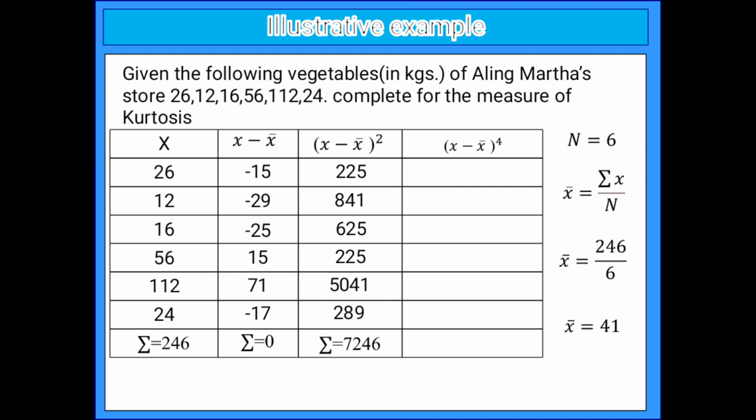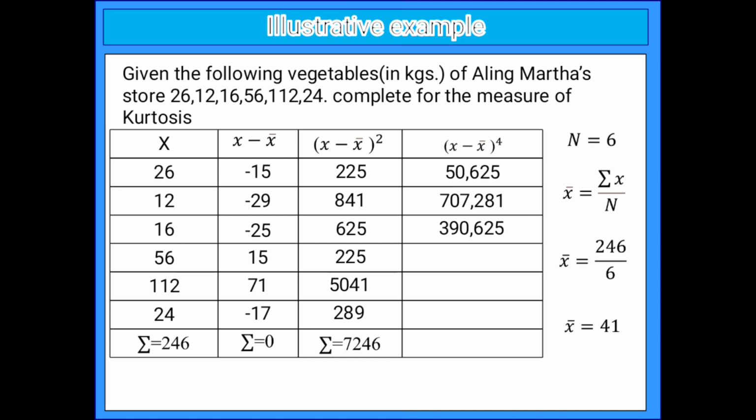The next step is we're going to get the fourth moment here. So 15 to the fourth power is 50,625. 29 to the fourth power is 707,281. 25 to the fourth power is 390,625.